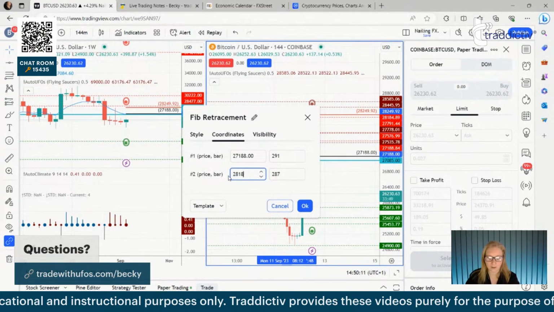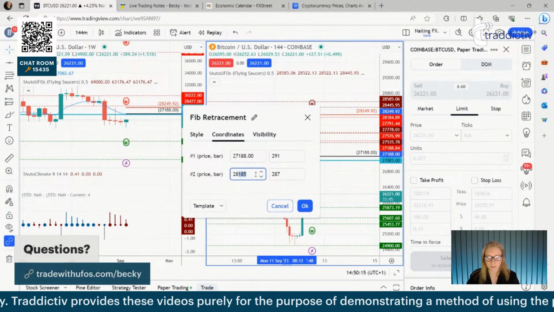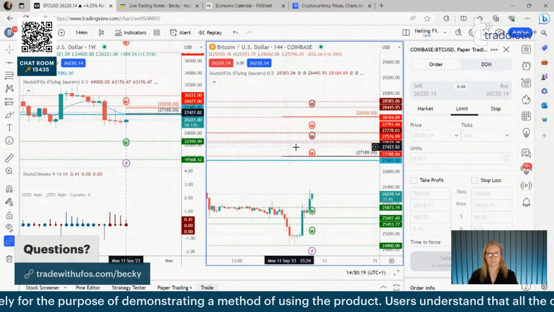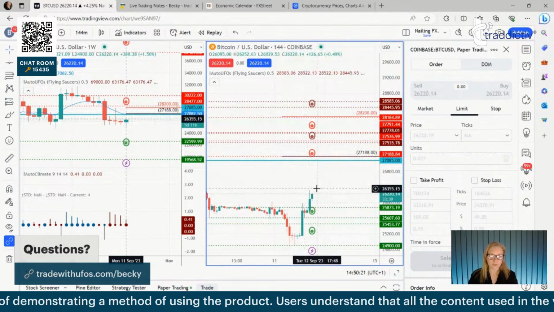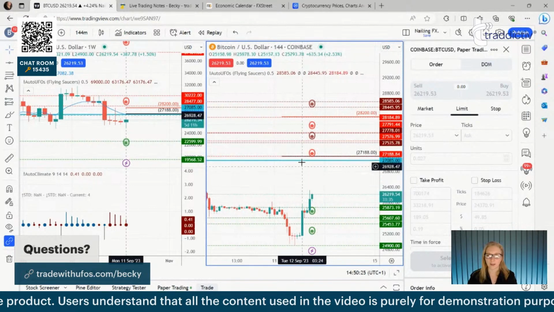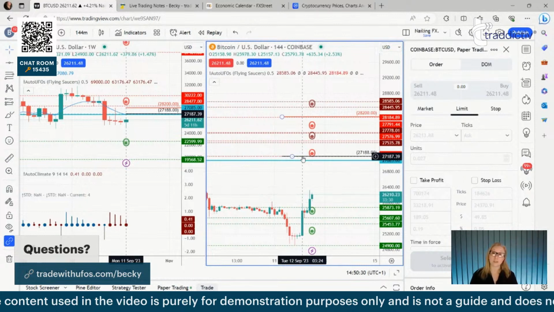The stop loss, 28,184.89. If you round that up to 85, what I'm actually going to do here is round it up to its closest 100. Now, the beauty of cryptos is that you can obviously trade 0.00001 of a coin, right? So you can have that wider risk without risking more money necessarily.